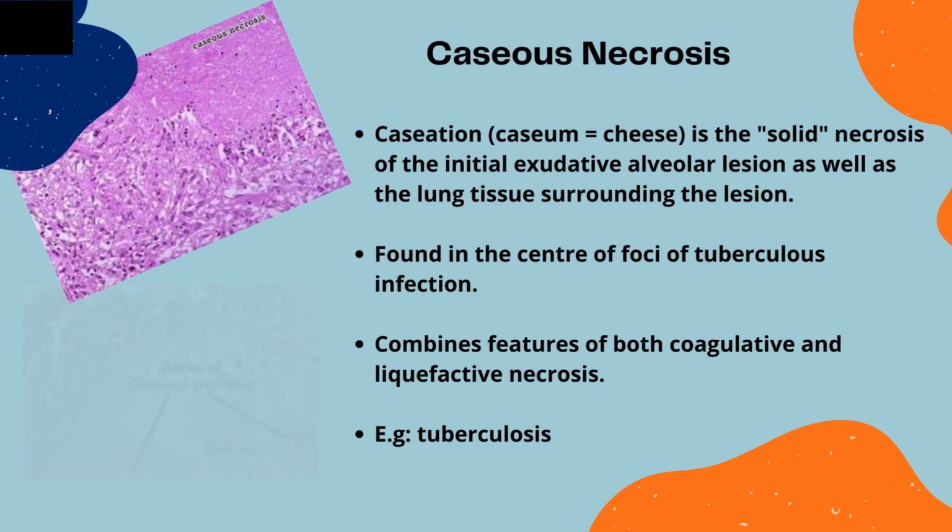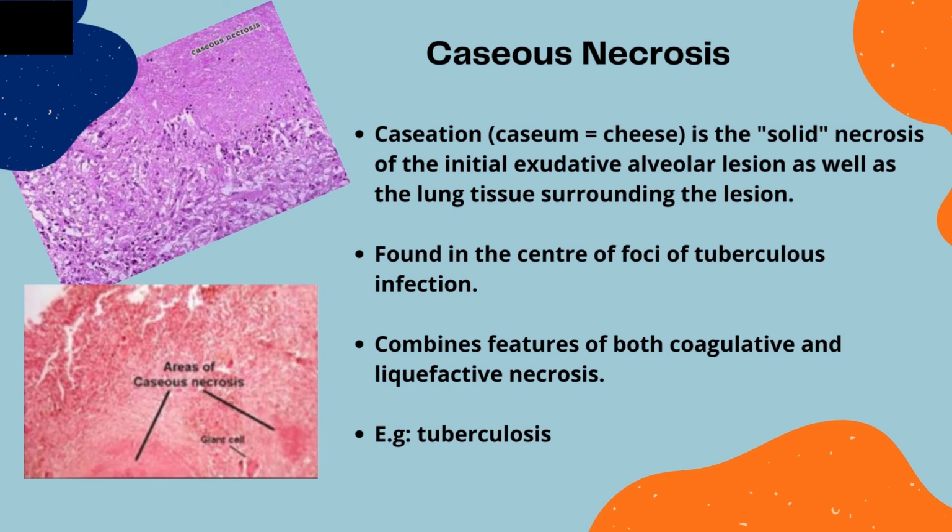Moving on to the third type of necrosis, which is caseous necrosis. Caseous necrosis is a type of solid necrosis which is found in the center of the foci of tuberculosis infection. This caseous necrosis is also known to have a combination of features of both coagulative and liquefactive necrosis, because its appearance can be cheesy-like and a color of cheesy tan to white.